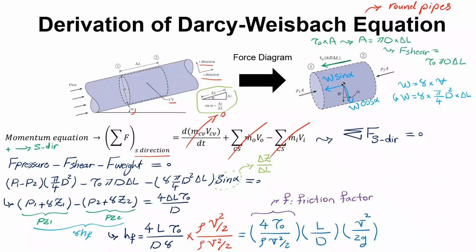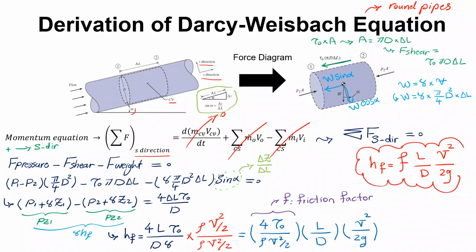So they wrote down this equation in a general form, and they call it the Darcy-Weisbach equation. So just to reiterate that equation, I'm going to write it once more over here. HF is equal to F, which is a friction factor, times L over D times velocity to the power 2 divided by 2g.